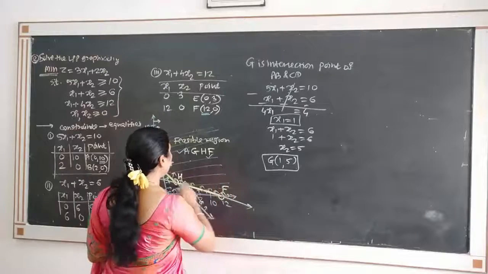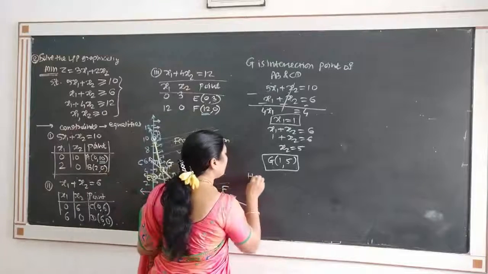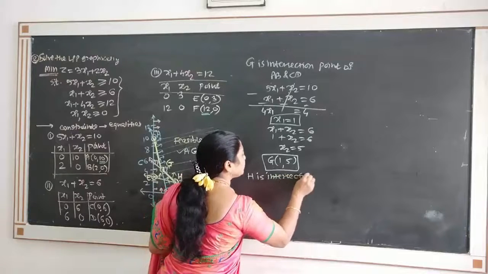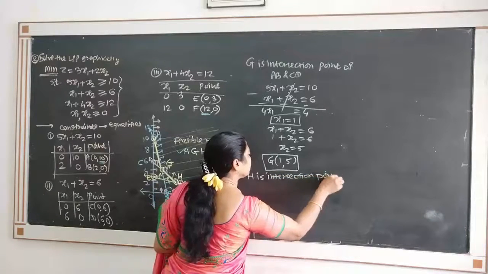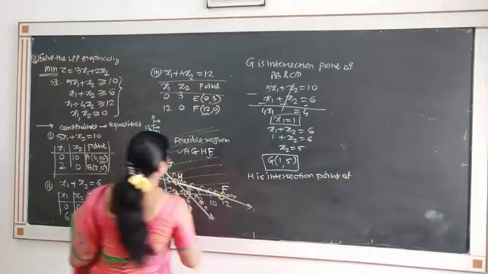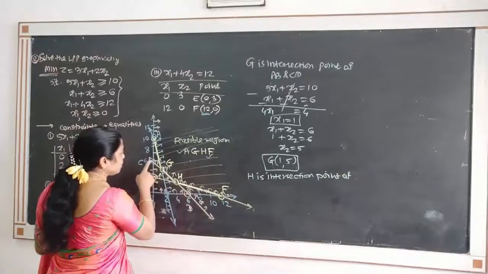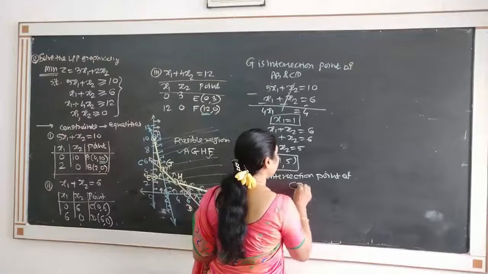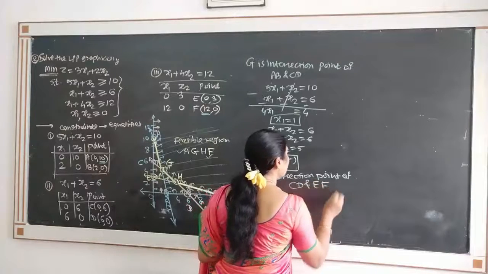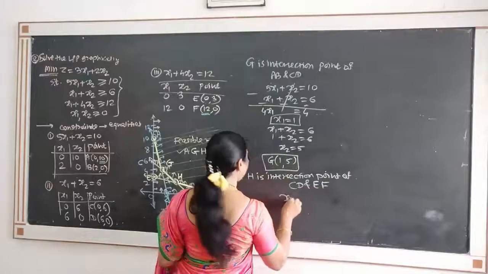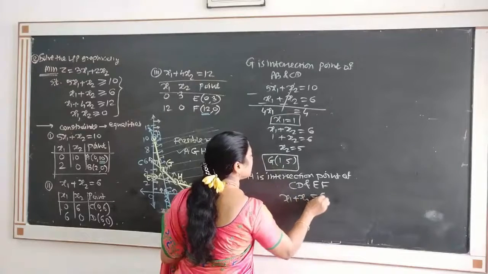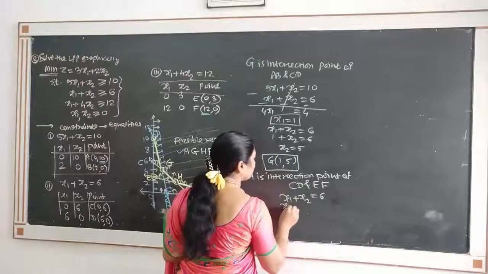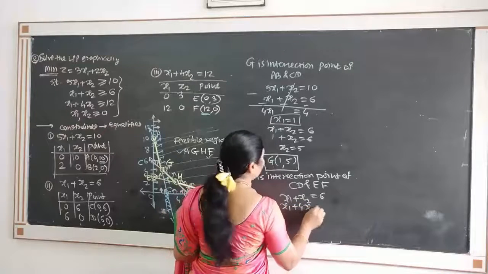Now similarly, find the coordinates of H. What is H? H is the intersection point of, see this H, it is the intersection point of CD and EF. So solve CD and EF simultaneously. The CD line is x1 plus x2 equal to 6 and the EF line is x1 plus 4x2 equal to 12.